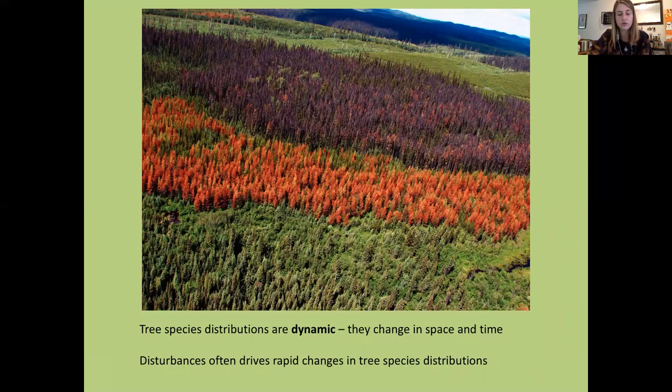Disturbance can also change species distributions and ranges to really extreme extents. For example, chestnut blight, which is a parasitic fungus from Japan, actually drove the American chestnut to functional extinction. So it basically took away its range. It can't be found at reproductive age within its once range.